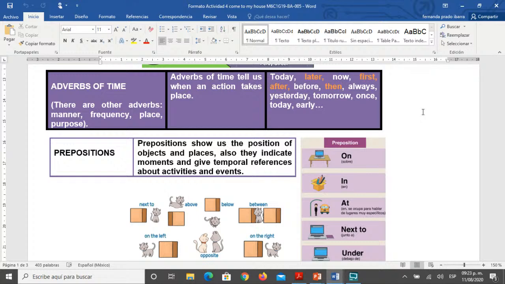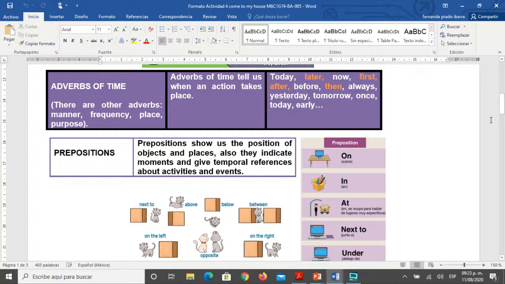When we are cooking, it's very important to indicate what happened first, what happened next, and what happened at the end, okay? This is also important when we're giving directions to get to some place, okay?